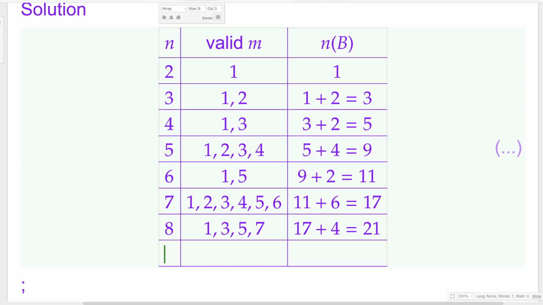Now for 9, we'll have the values 1, 2, 4, 5, 7, 8. The previous count was 21 plus 6, which becomes 27.